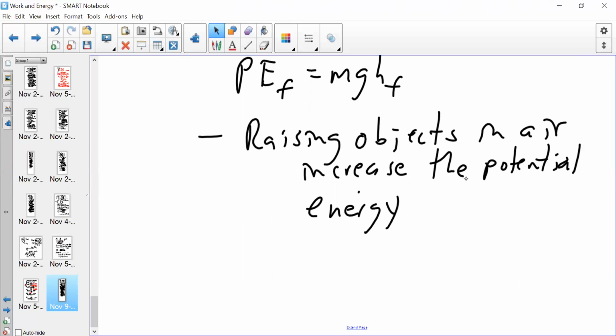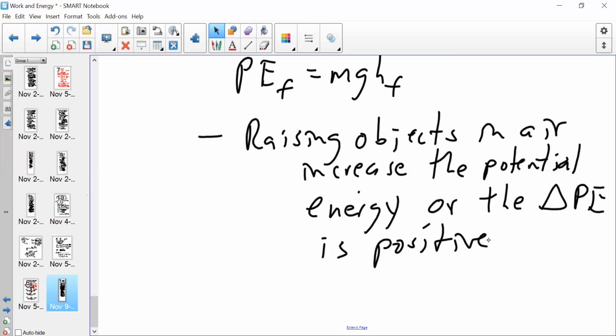Or we can also say that we take the change, final minus initial, right? That makes sense. So when we raise the object into the air, the force that I do in raising the object into the air is going to be positive. Delta y is this way. I raise my hand in the air, force of hand on ball, they're in the same direction.